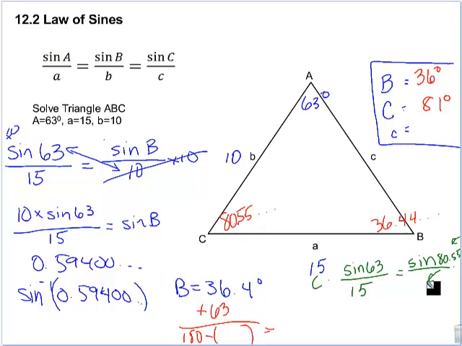Yeah, multiply by the reciprocal of it. So we'd multiply by 15 over the sine of 63. And we do that on both sides. So C would be equal to 15 times the sine of 80.55 and so on, divided by the sine of 63.